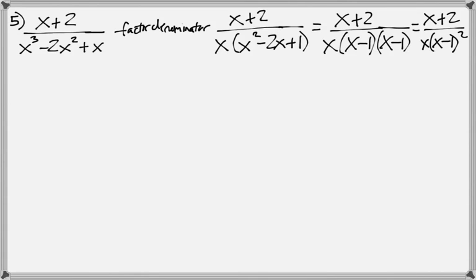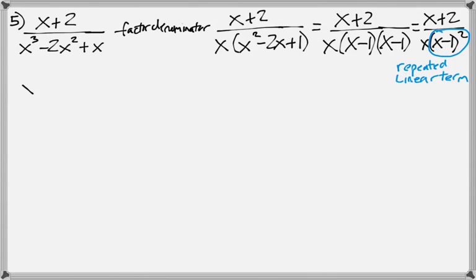And this term right here is what's called a repeated linear term, meaning we have an x on the inside of the parentheses and we have more than one of them. We have an exponent of 2. So whenever you have a repeated linear term, it's going to change our template for how we do the partial fraction decomposition.